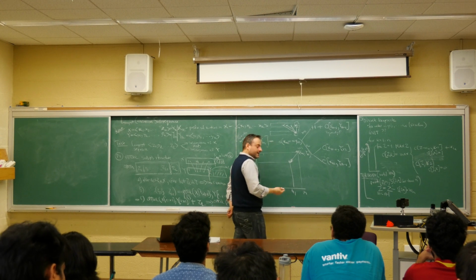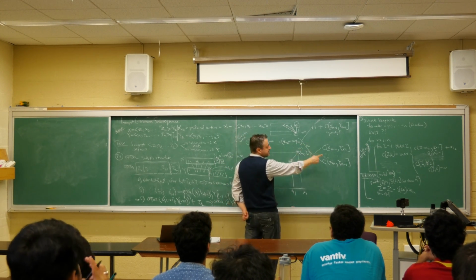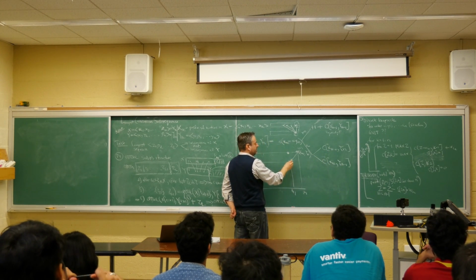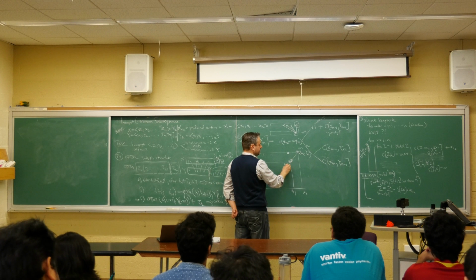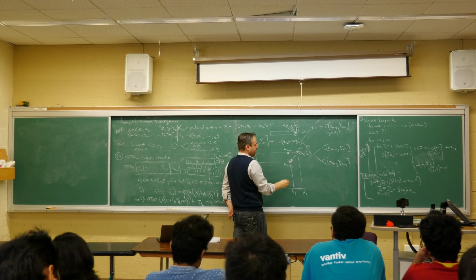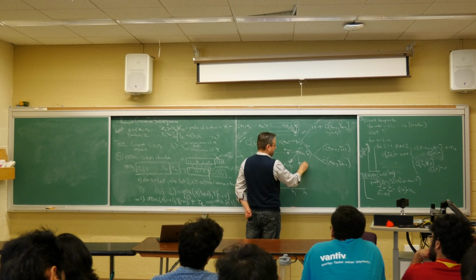What if it's not common? Where is M minus 1 and N? It's here, right? So this is M minus 1, N minus 1. This is M minus 1 and N. And this is M and N minus 1.